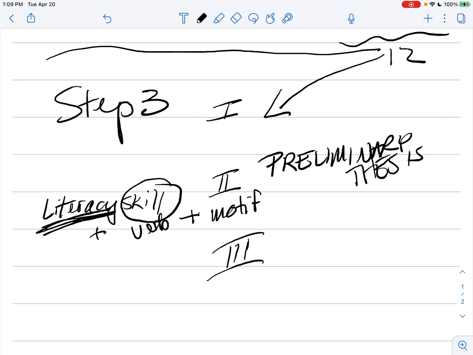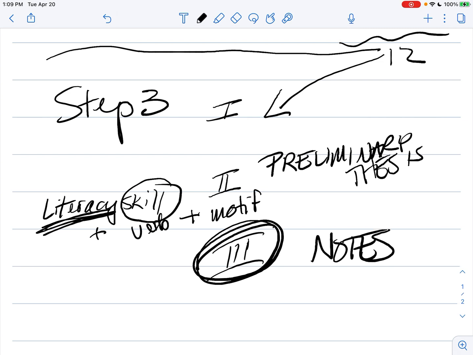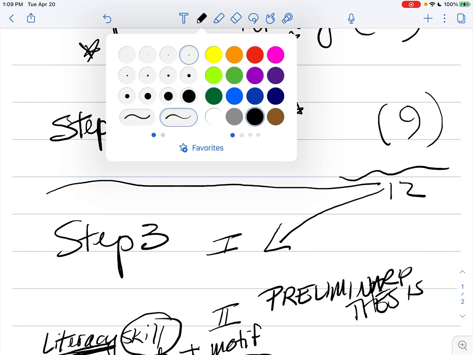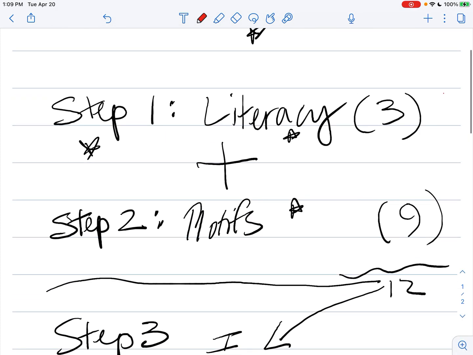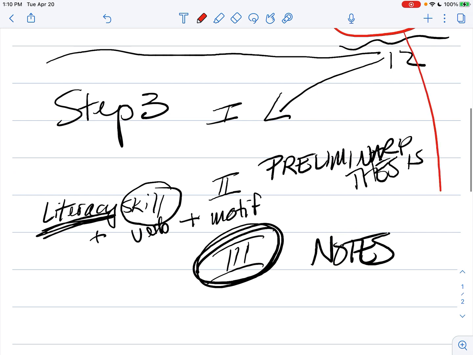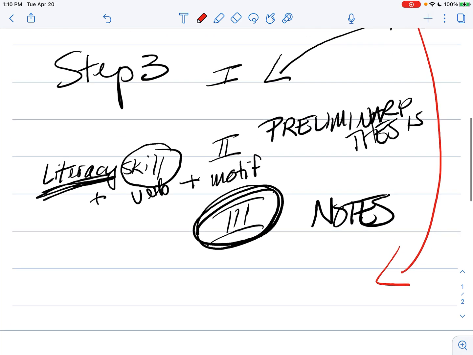Now, I can't do step 3 without that preliminary thesis, because the first part of step 3, the notes, should be specific pieces of information from your 12 sources. So these 12 sources that I have up here, I'm going to go back to them and I'm going to take notes, specific notes.